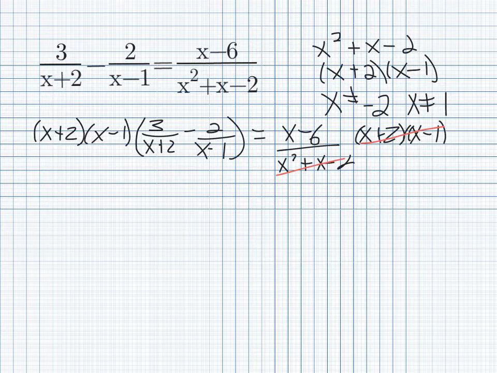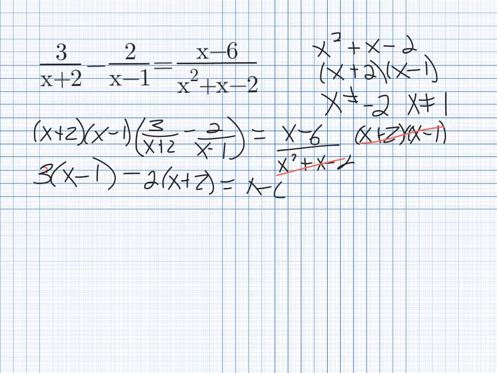So when we distribute to the first half of our difference, the x plus 2 will cancel, leaving us with 3 times x subtract 1. And then finishing our distributive property, in the next term, the x subtract 1 will cancel, leaving us with 2 times x plus 2.